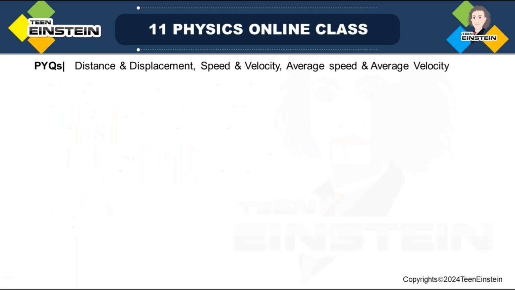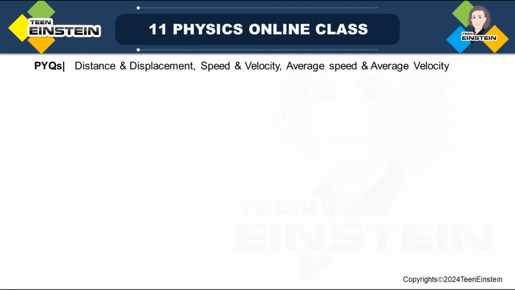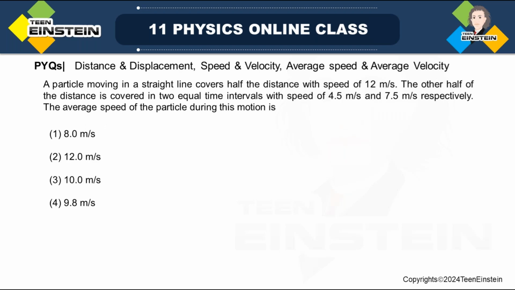Okay. All right. Let us go to this question once again and try, at least give some 2 minutes time over here. A particle moving in a straight line covers half of the distance d. So d by 2 goes with speed 12 meter per second.